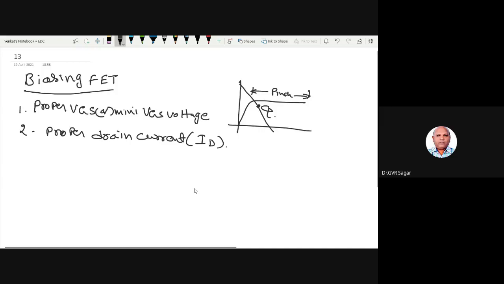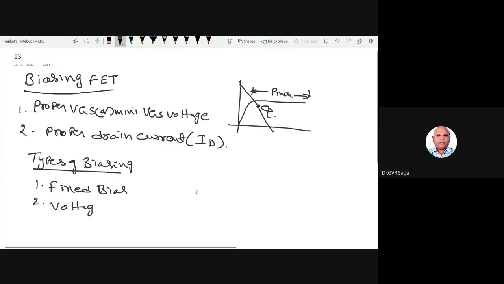To get this, we have three types of biasing. I went through this last class, and previously in the BJT also we studied these types of biasing. The same biasings we are using here. One is the fixed bias. The second one is the voltage divider.